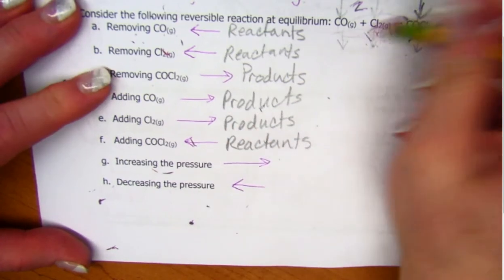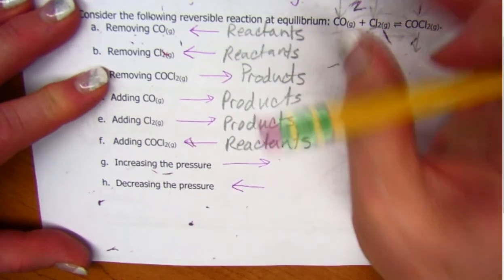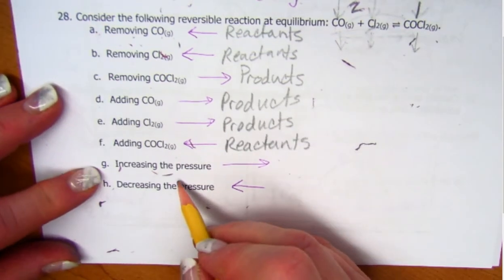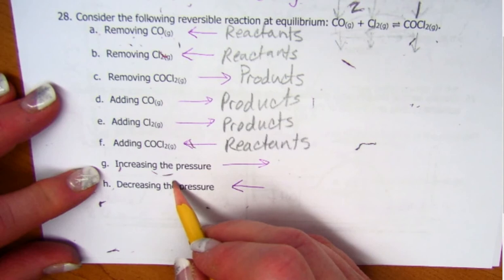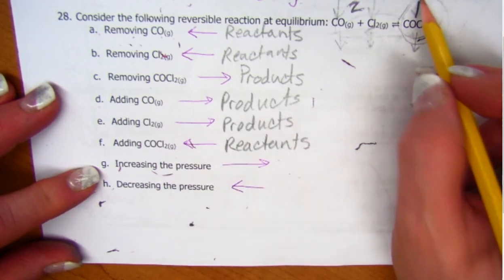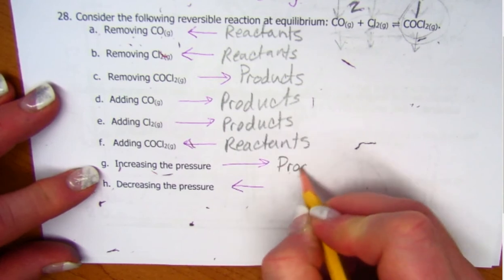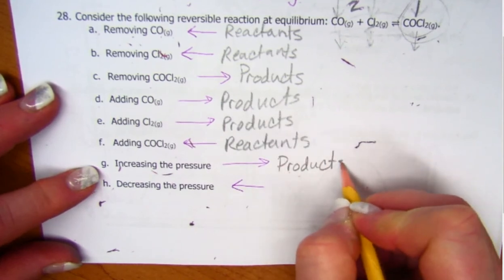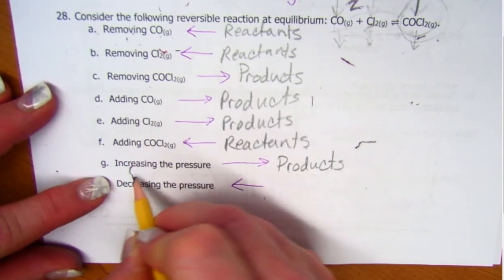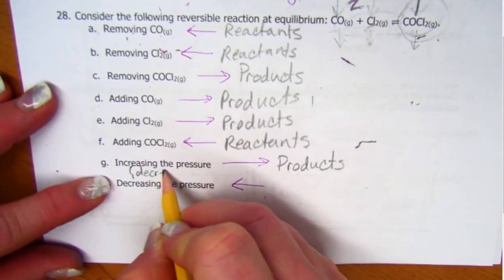Now we go back to where we were looking at our gases. We have 2 on this side. We have 1 on this side. If I increase the pressure, it will go to the side that has the least number of gases, which happens to be the product side. So I'm going to go forward to the products. If I decrease the pressure, now, increasing the pressure, that she could also say decreasing what?